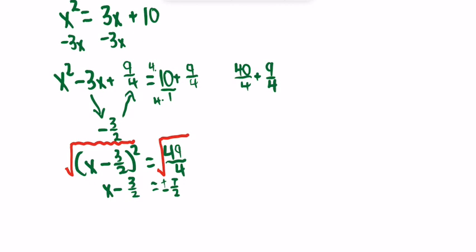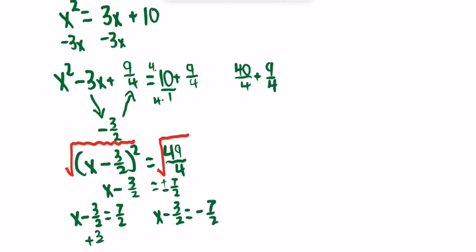Now 3/2 and 7/2 are like terms, so I find it best when you have like terms that you're going to need to combine to go ahead and split the equation up into two, where we would have x minus 3/2 equals 7/2, x minus 3/2 equals negative 7/2.